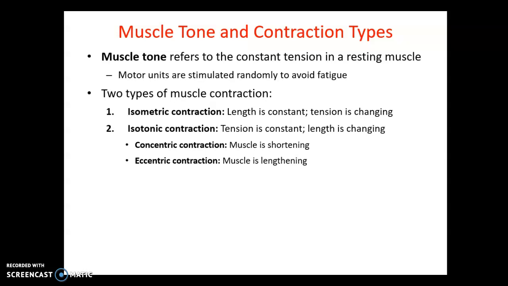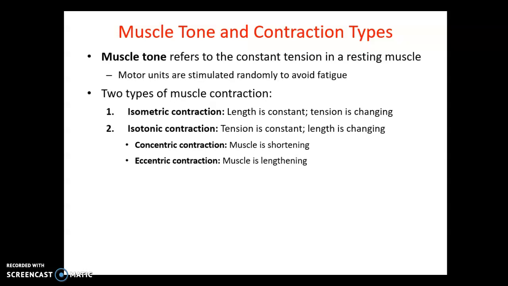There are two types of muscle contraction, and you should know these. Isometric contraction: the length is constant and the tension is changing. This means the filaments aren't shortening because the length is constant; whatever's on the outside is causing more pressure. Isotonic contraction: tension is constant and the length is changing.